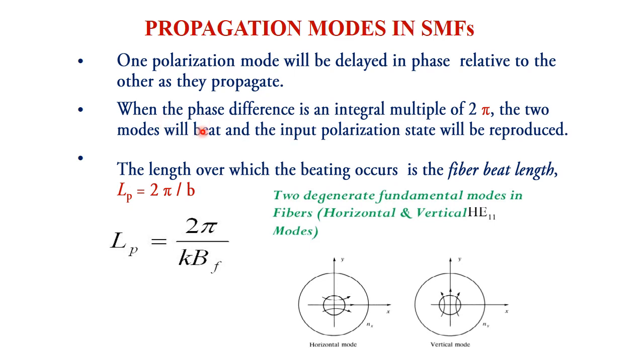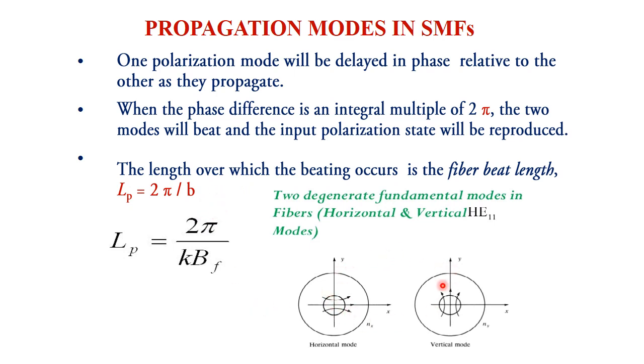So as I told you, when this phase difference is a multiple of 2 pi, the two modes will beat each other, and the input polarization state will be reproduced. The length over which the beating occurs is called the fiber beat length.